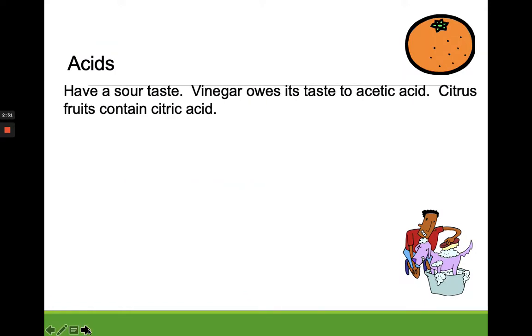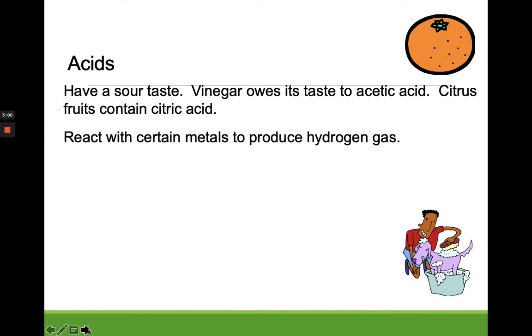You have citrus fruits like oranges, lemons, they contain citric acid, while vinegar is 5% acetic acid. Commercial vinegar is acetic acid. These are examples of organic acids. So when we go into organic chemistry and talk about carboxylic acids, we will encounter and study their structures more.